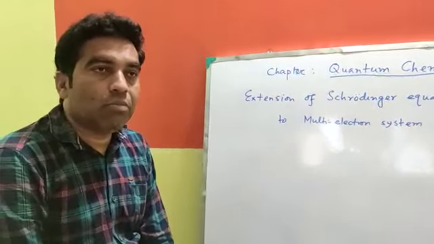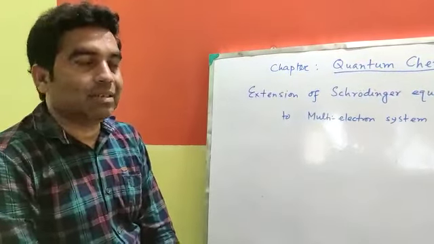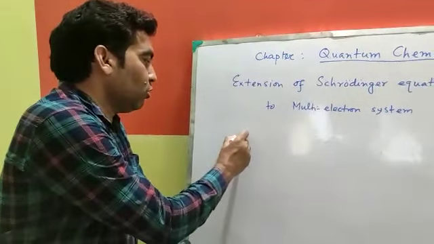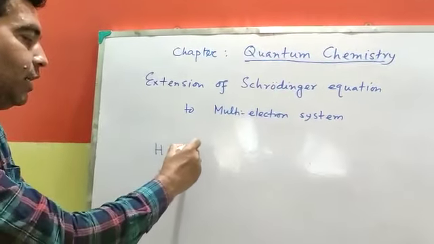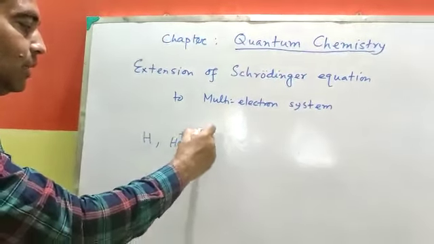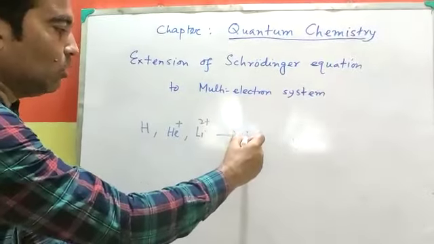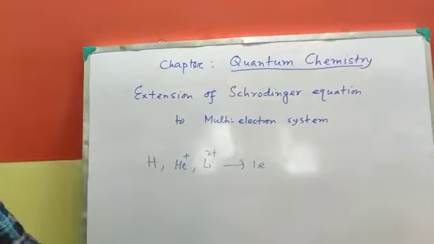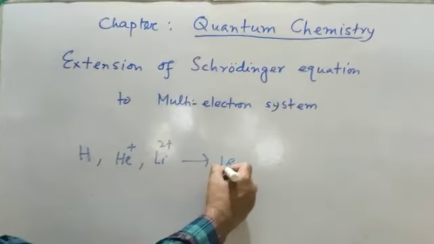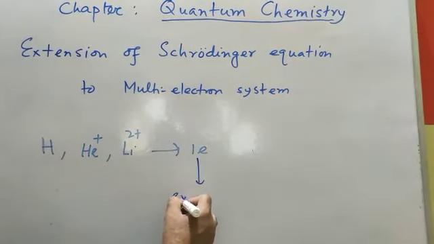So hydrogen atom or hydrogen-like systems like helium plus, lithium 2 plus, all are one electron systems. So these one electron systems are exactly solvable.